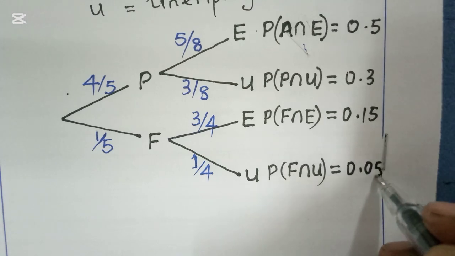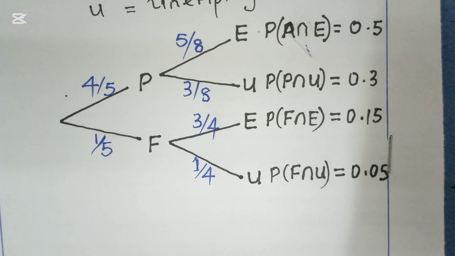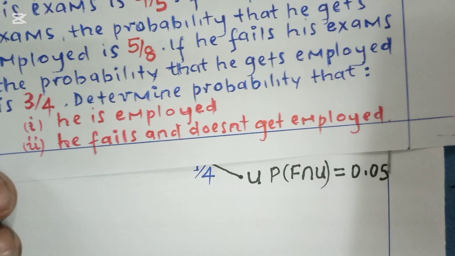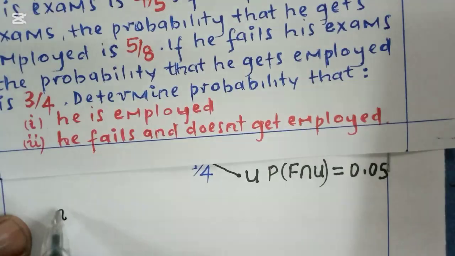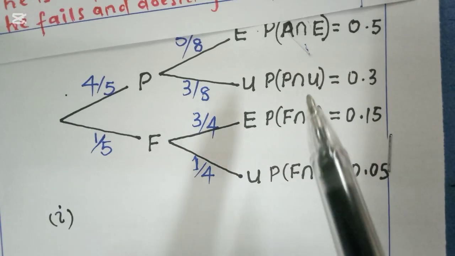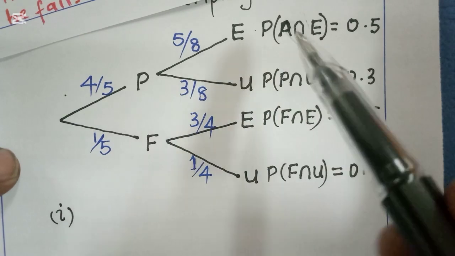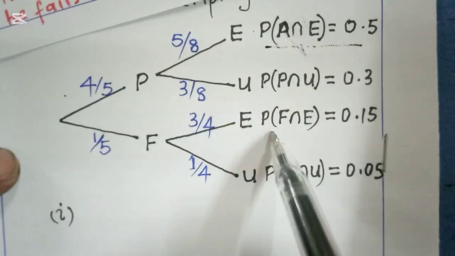Like that. Now we go back to our question. That is Roman 1. Our question states, he is employed. The probability that he is employed. So we are going to check where one is employed, and we have this and we also have this.